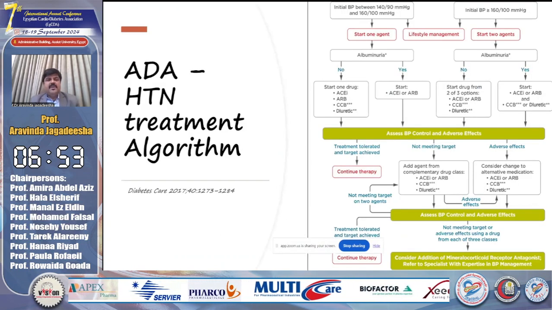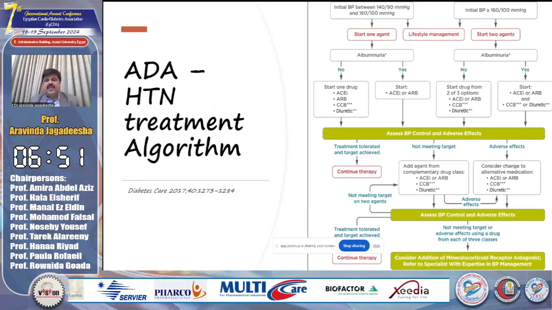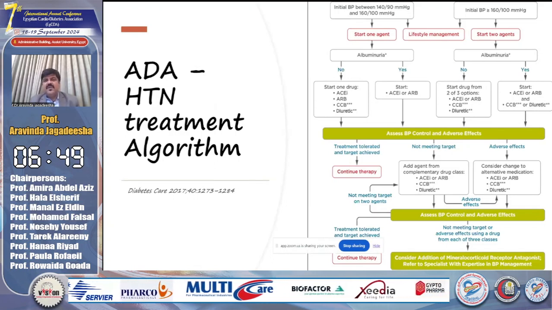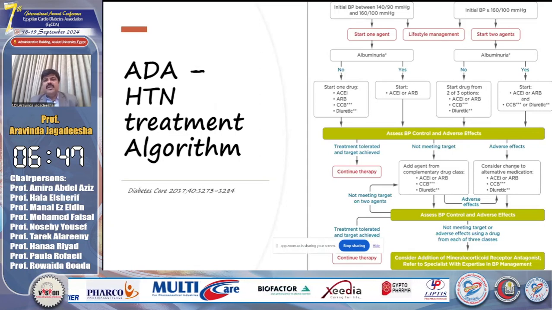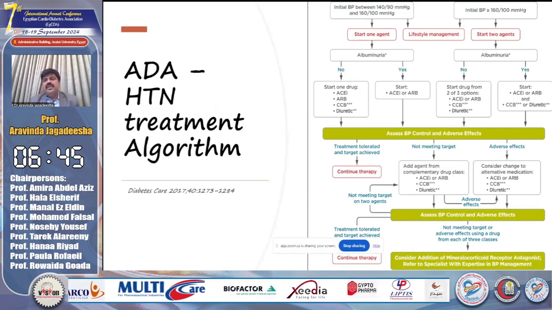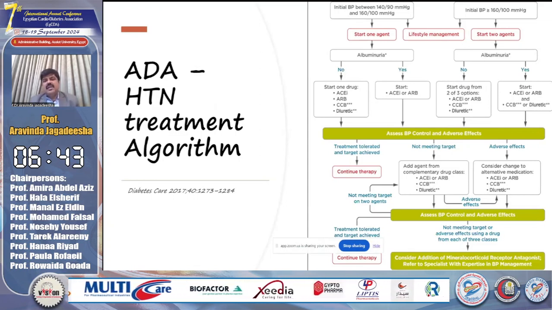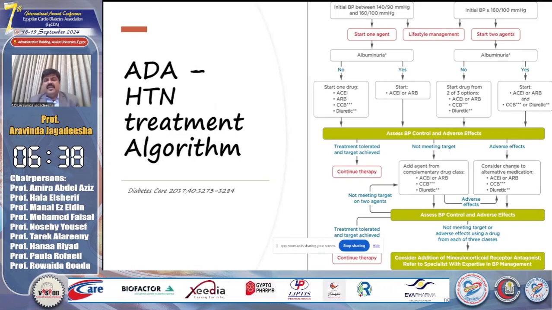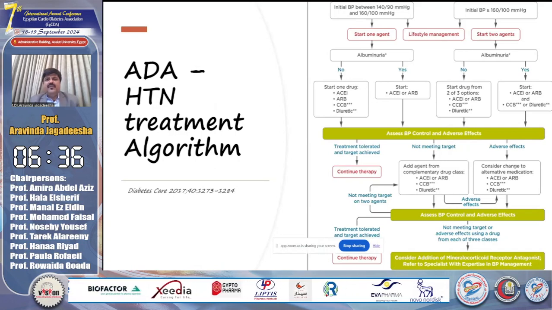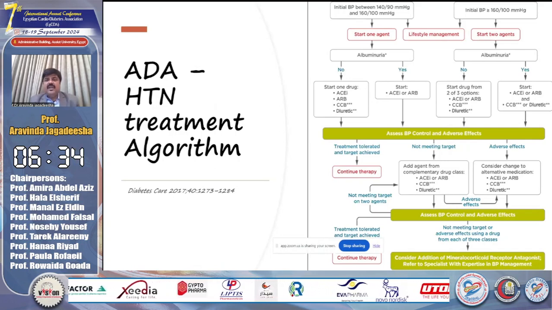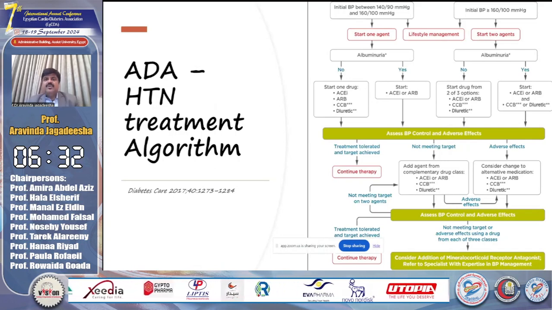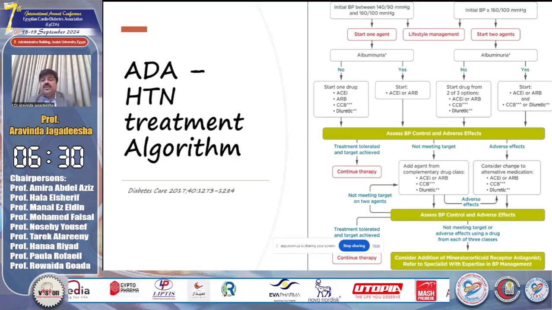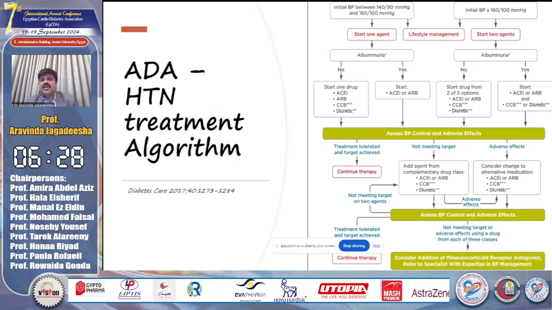So the ADA hypertension treatment algorithm, you can see on the right hand side, very beautifully shown, about how to go on with the patient to start antihypertensive in a diabetic patient. You can see, if the initial BP is between 140 by 90 and 160 by 100, you start one agent. If it is more than 160 by 100, you can start two agents.